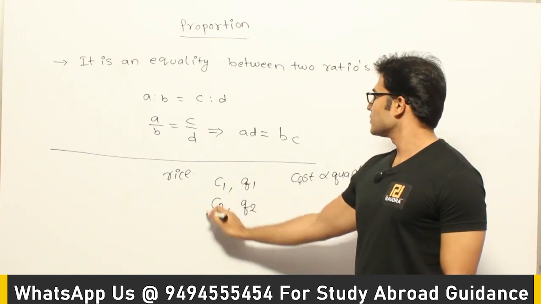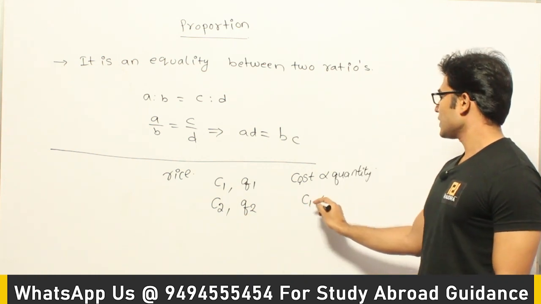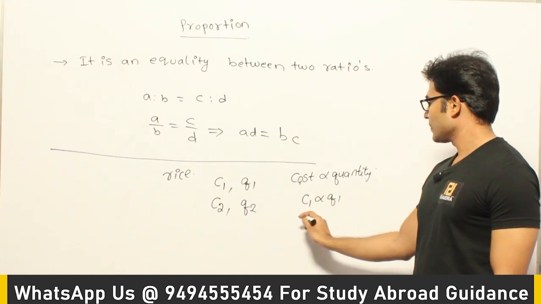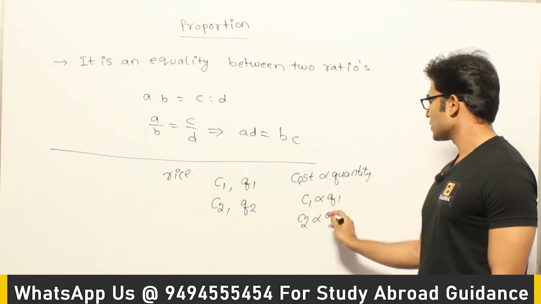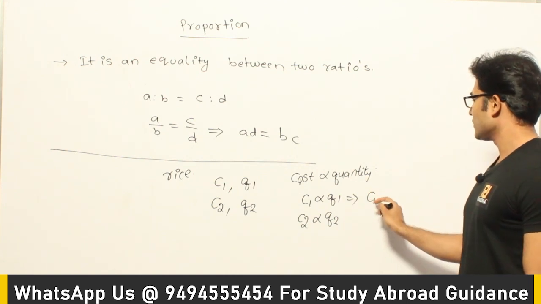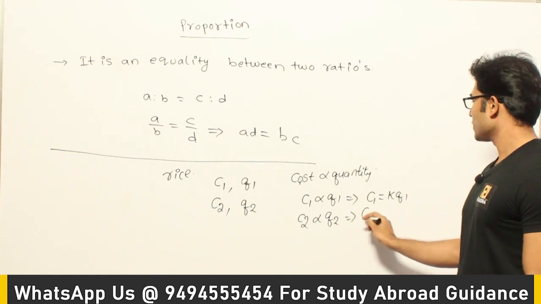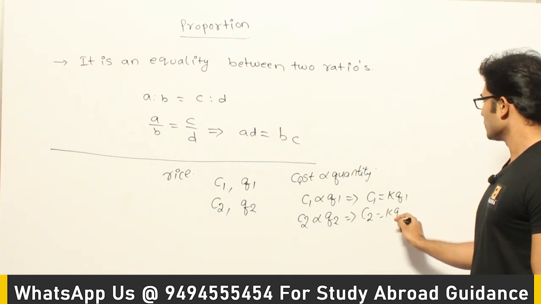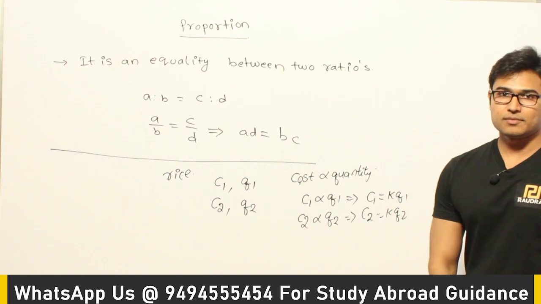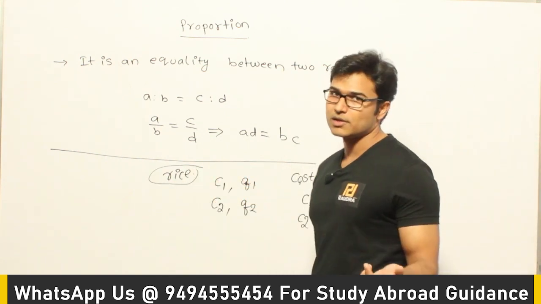Now what is the relationship between these four variables? Since C1 is directly proportional to Q1 and C2 is directly proportional to Q2, you could write this as C1 equal to K into Q1 and C2 equal to K into Q2, where this constant K is going to be the same because we are talking about the same quality of rice, we can assume.